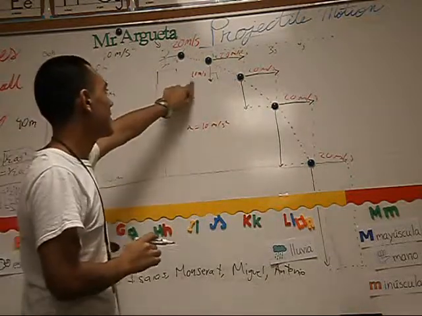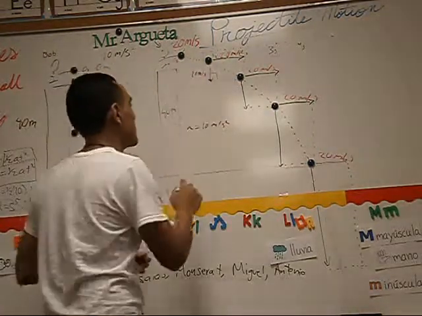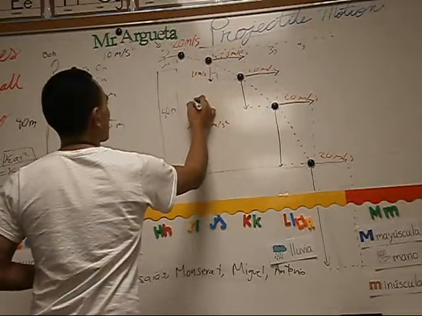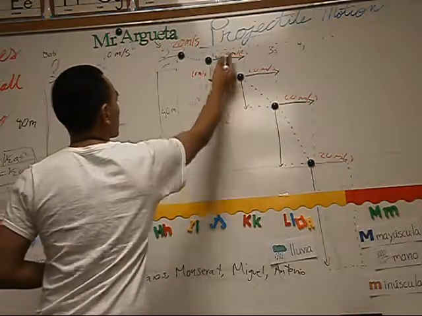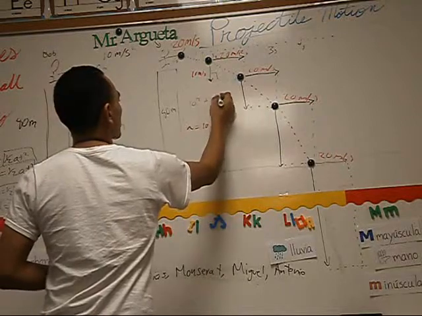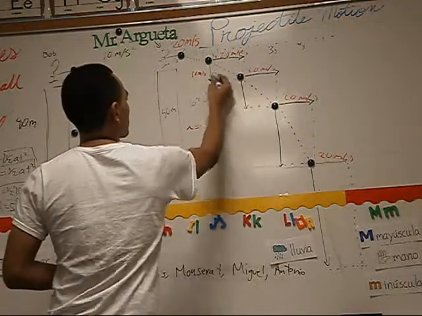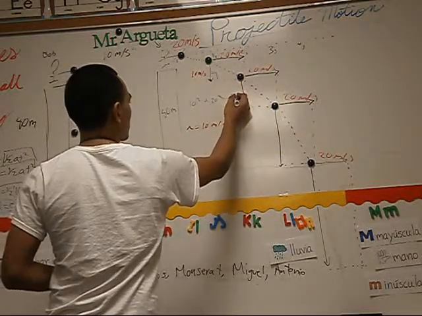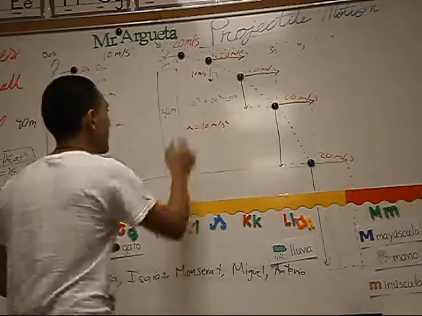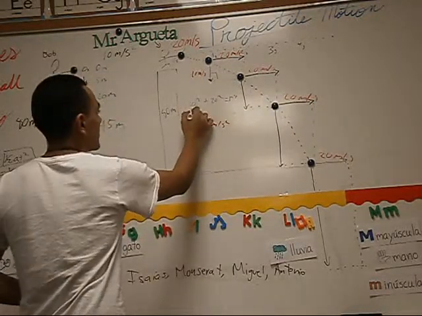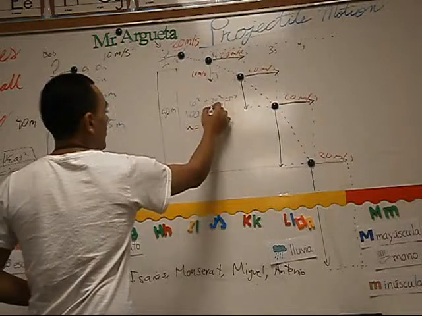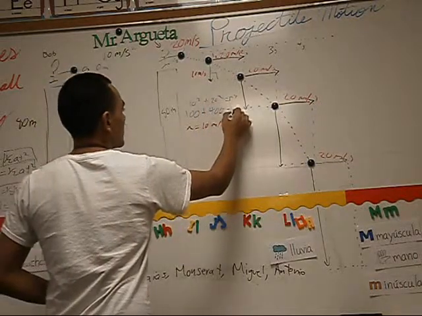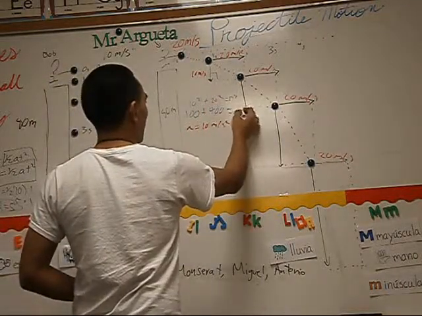So all we do is the square root of 10 squared plus 20 squared equals the resultant squared. Alright. So 10 squared is 100 plus 400 equals 500.